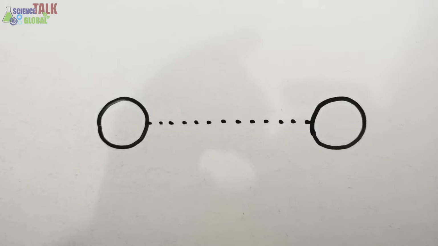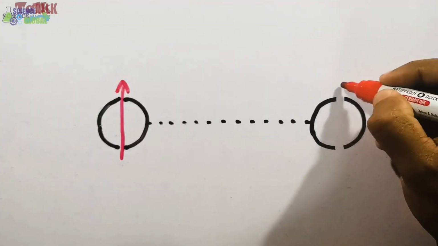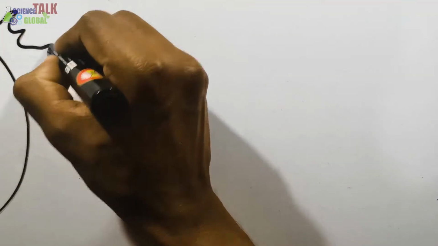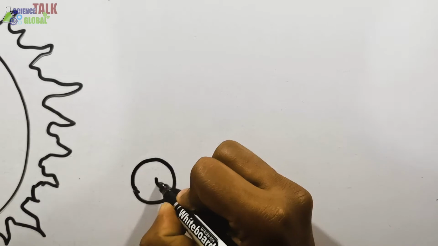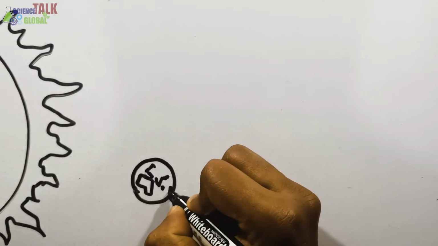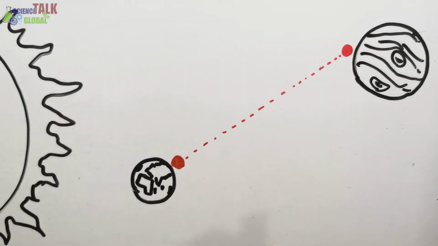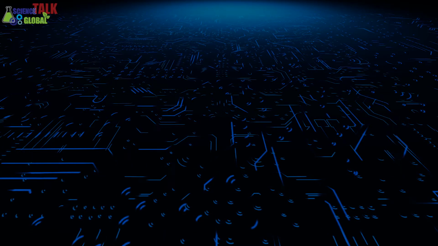If 2 electrons are entangled and one electron is in spin up state, the other electron will obviously be spin down. Another feature of this entanglement is, even though these 2 entangled particles move to the farthest point in the universe, the bond between the two electrons remains the same. Suppose one electron is left on the Earth and the other is carried to Jupiter, the bond between the two does not change.